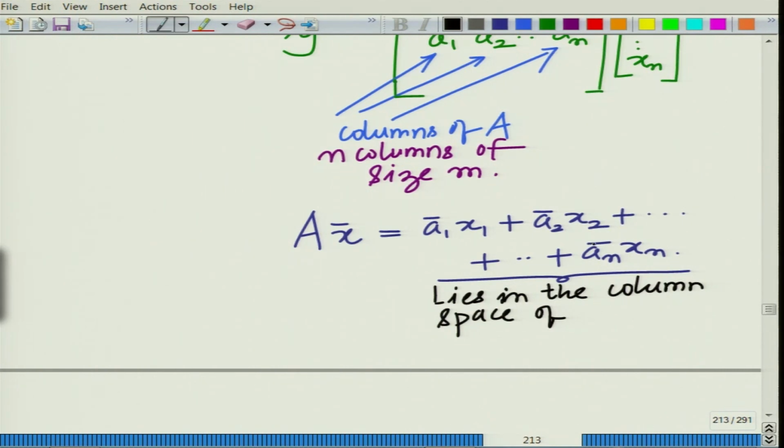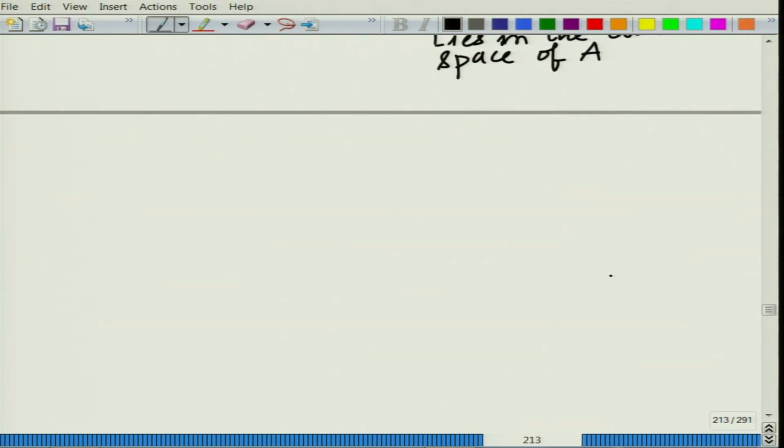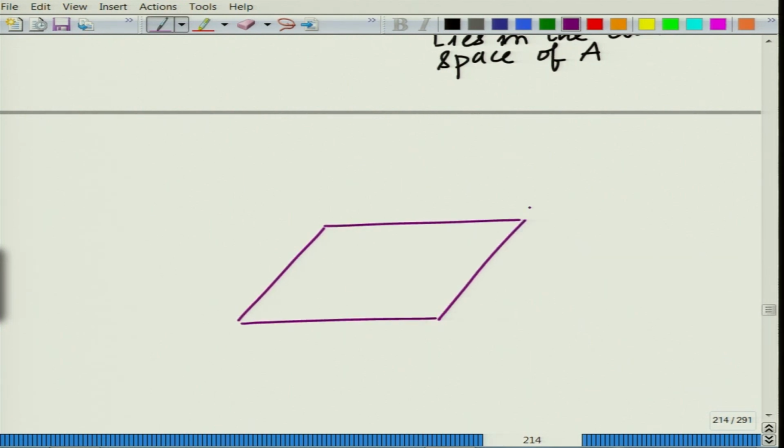Right, every such Ax bar lies in the column space of the matrix A, and now let us look at a figure that represents this. Let us say this sort of figure represents the column space of A, that is, it contains all the linear combinations.